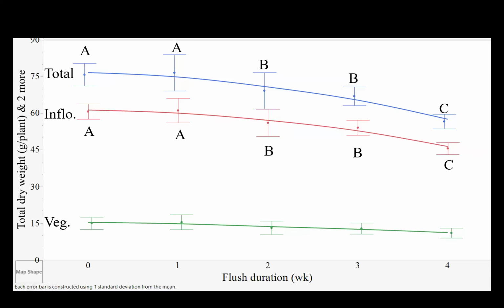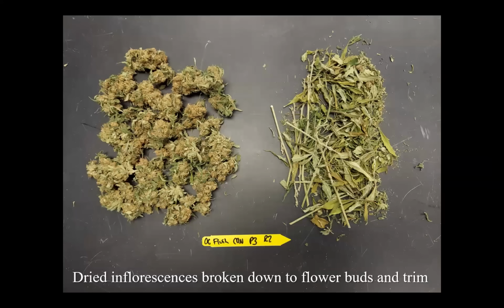But it does show that a week of flush, which is what most commercial facilities will do, is not having much of any impact, and no impact at all probably on mass accumulation in the buds and inflorescence. We do break down the inflorescence into buds and trim.